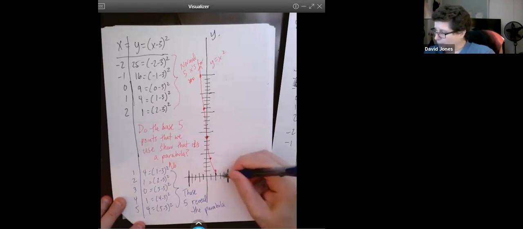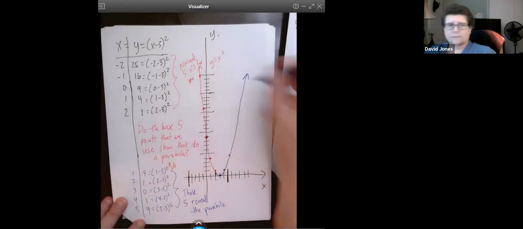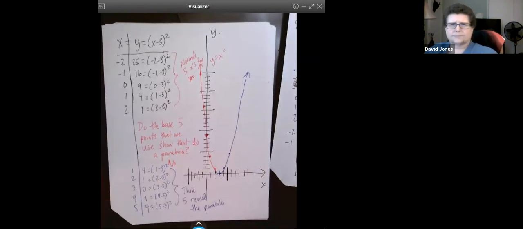And I'd have to keep plotting. (3, 0). And now we see it. Using the base 5, though, doesn't show it. And I can tell you right now, I see it often. This is what happens. Often, students don't understand how to use the shift.